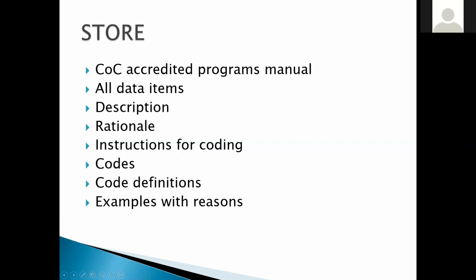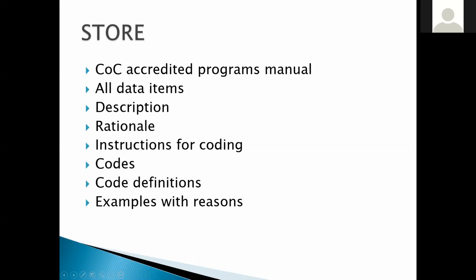NAACCR, the North American Association of Central Cancer Registries, has a manual equal to this one called the Data Standards and Data Dictionary Volume 2, which SEER programs use. We will review that manual at a later date, but for this semester, we will focus on using the STORE as required by COC accredited hospital registries.